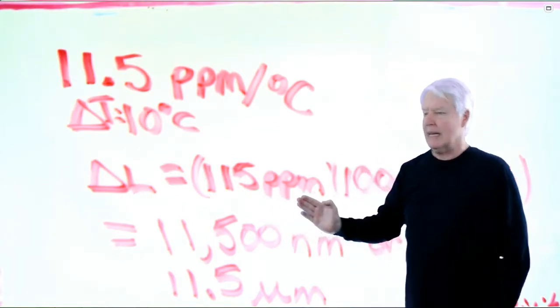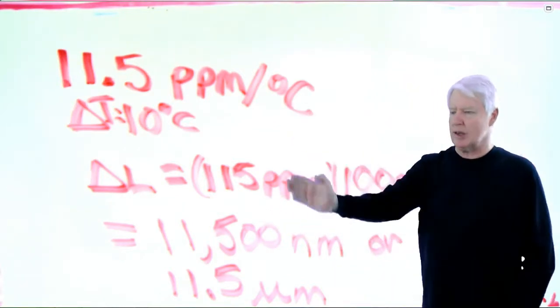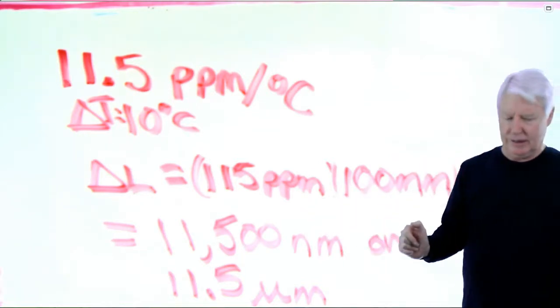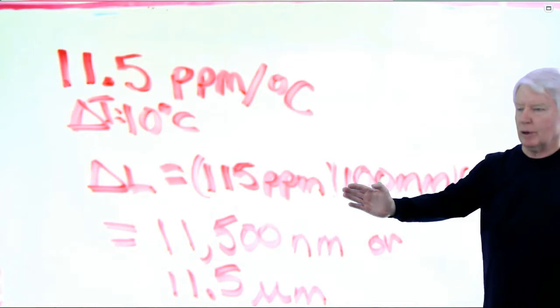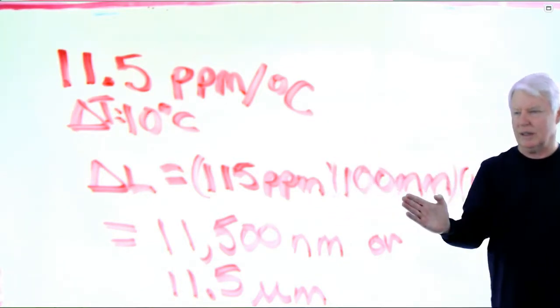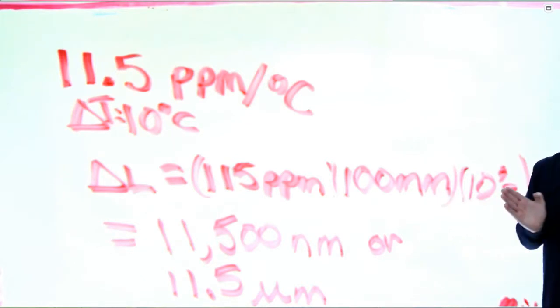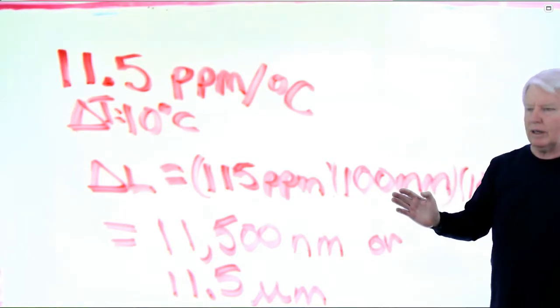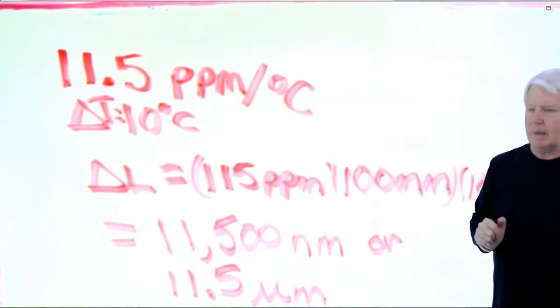So the change in length equals that expansion rate coefficient, and I forgot to put the degrees Celsius in there and I don't have room, so remember it should say parts per million per degree Celsius, times 100 millimeters times 10 degrees Celsius. This Celsius will cancel that Celsius out, and we're left with a millionth and a millimeter.